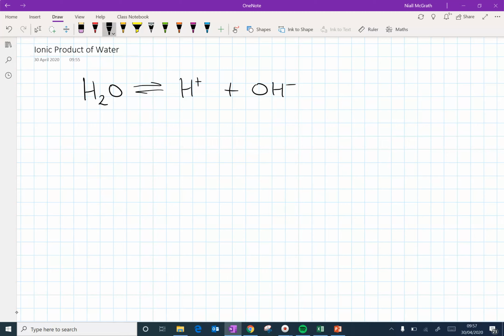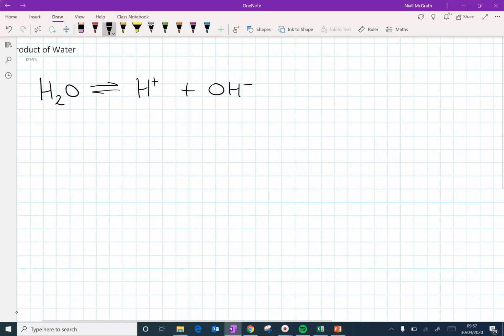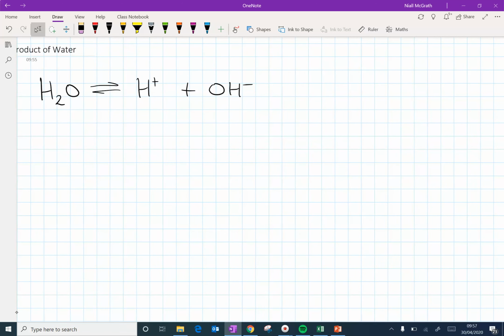Now, that equation is used in questions, but we do know that it isn't 100% accurate, because these H plus ions don't exist in isolation. They don't really exist by themselves.